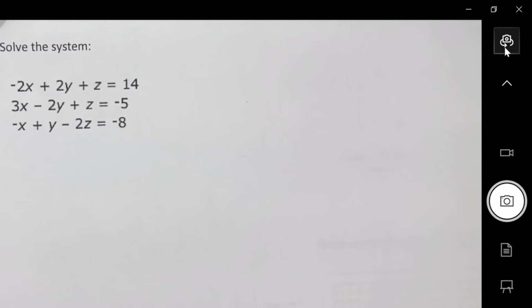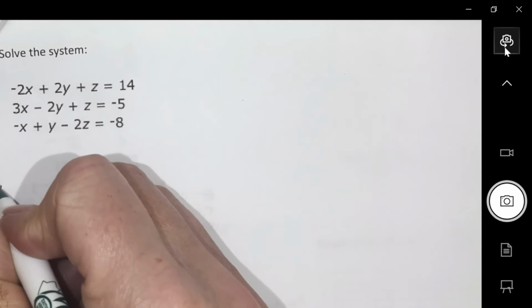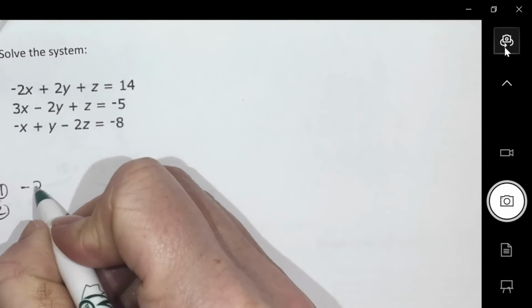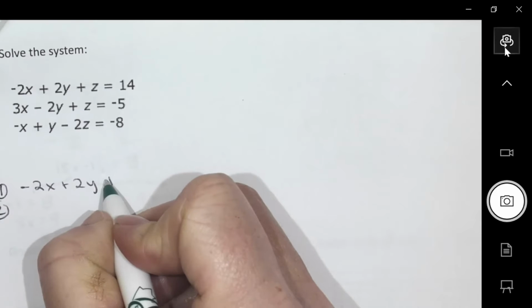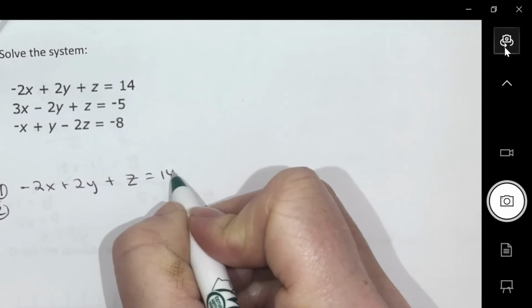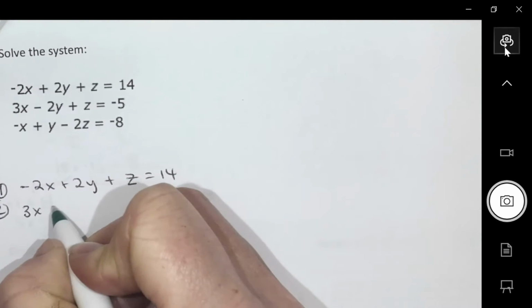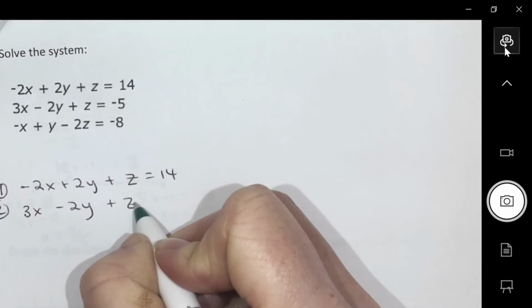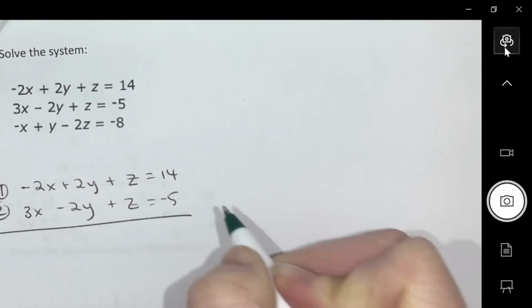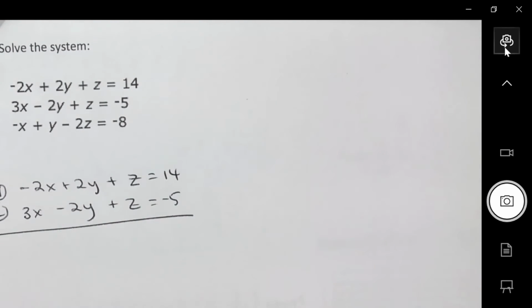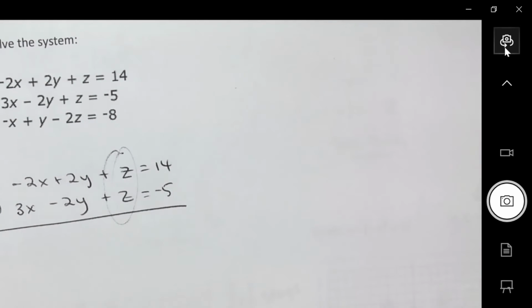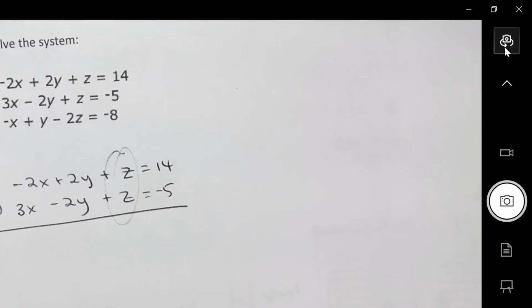What do we want to attack here? Z. Okay, I'm going to go equation 1 and 2. One and 2 I'm going to put together. We're attacking the z's.